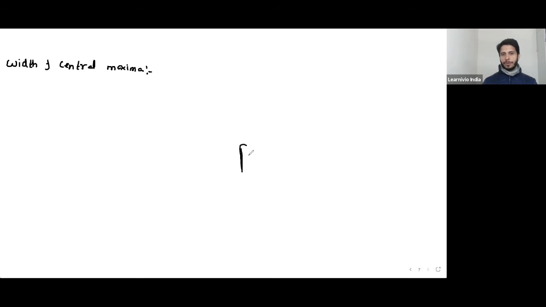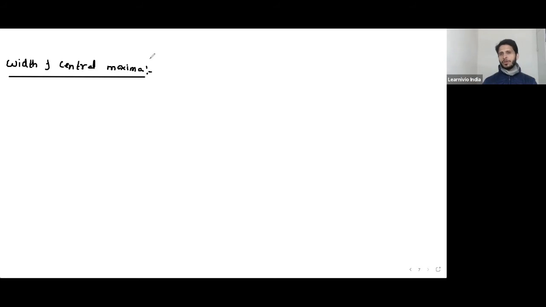We got that the width of all fringes was the same, which was lambda D by d. But this is not the case with diffraction. We have seen an experiment yesterday that in diffraction, the width of central maximum is maximum, and then of the next maxima, it keeps on decreasing.